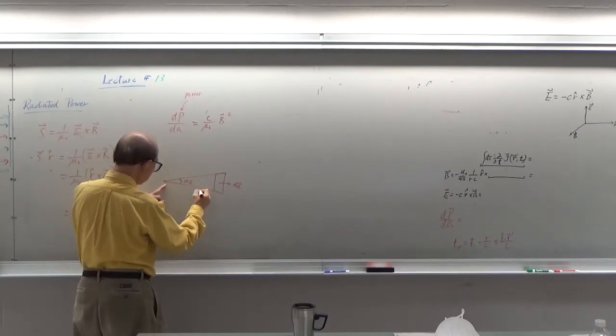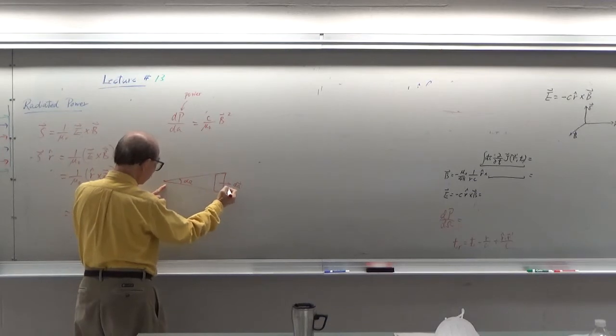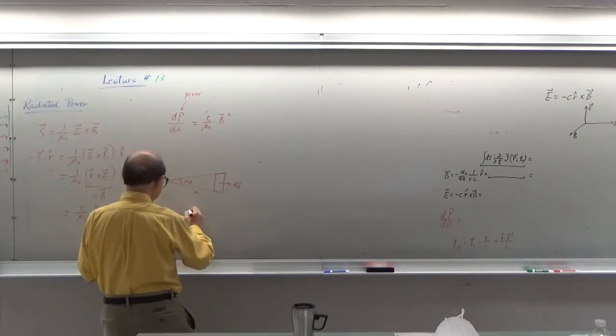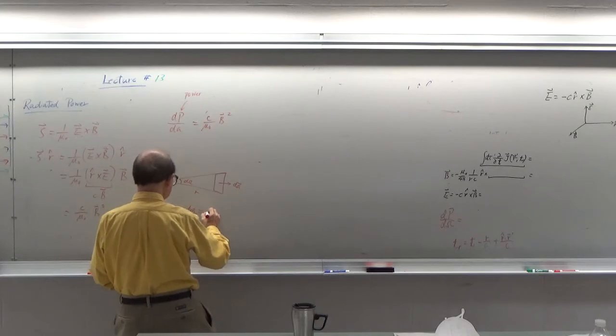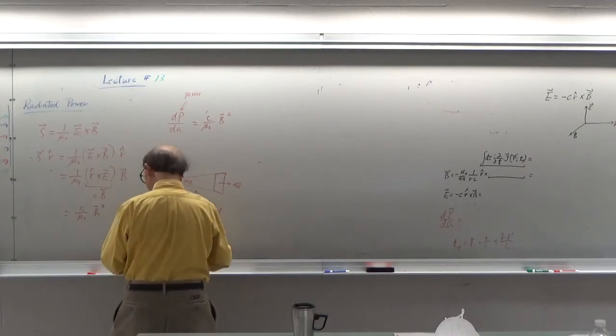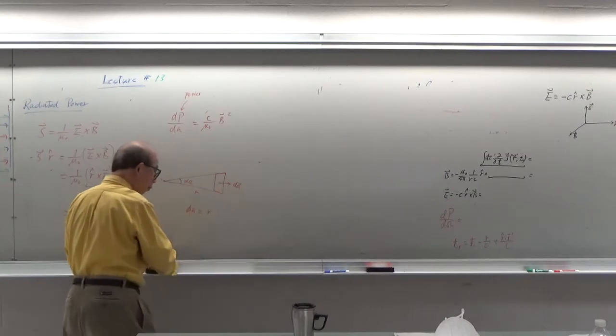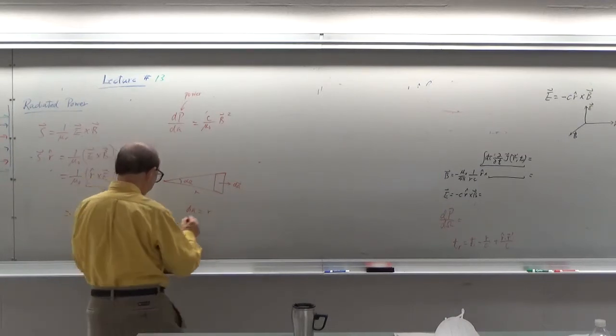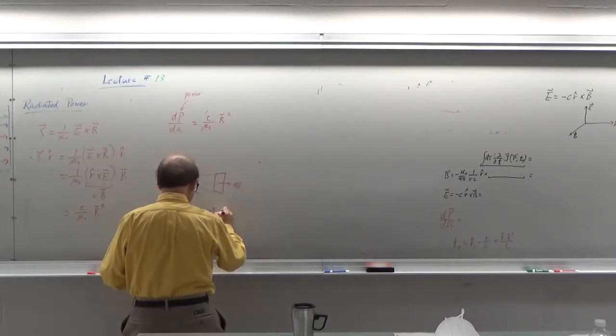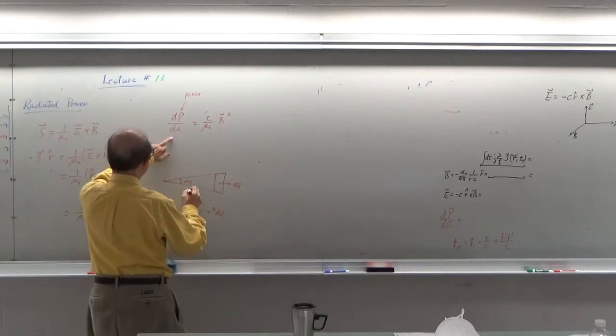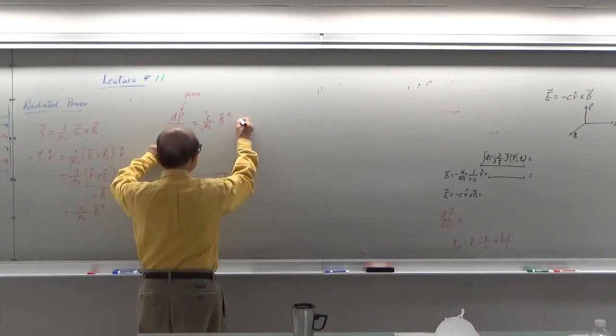And this distance, where this dA is, is r. So dA is equal to r squared d omega, where d omega stands for the differential solid angle.